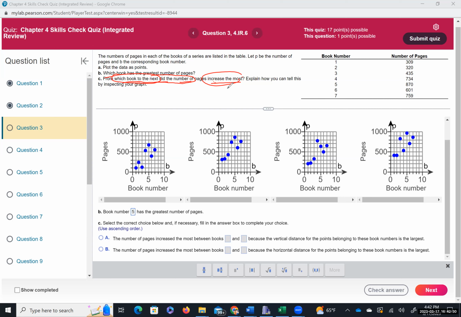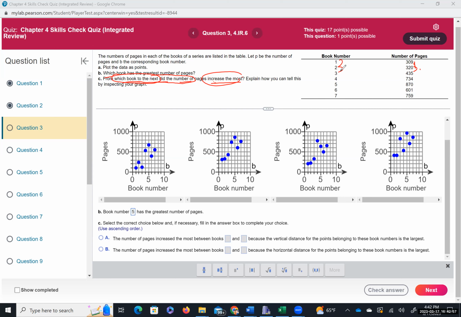So you can think, okay, from the first book to the second book is still like 300 something. So I don't think this is gonna be the most increase, right? Then 2 to 3, well, it comes from 320 to 430, so about 100. Okay, could be, but let's see.